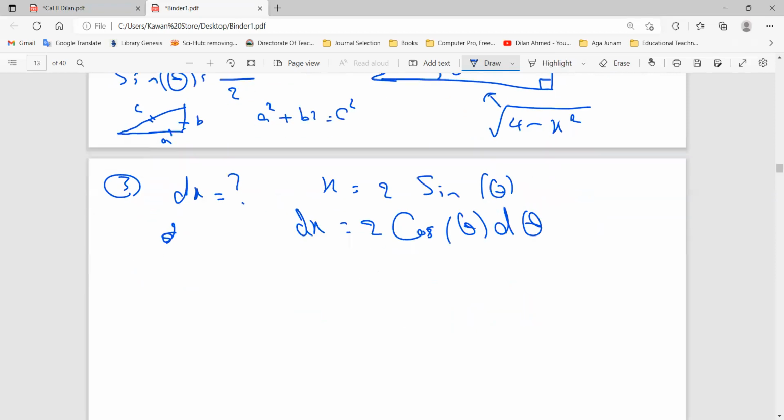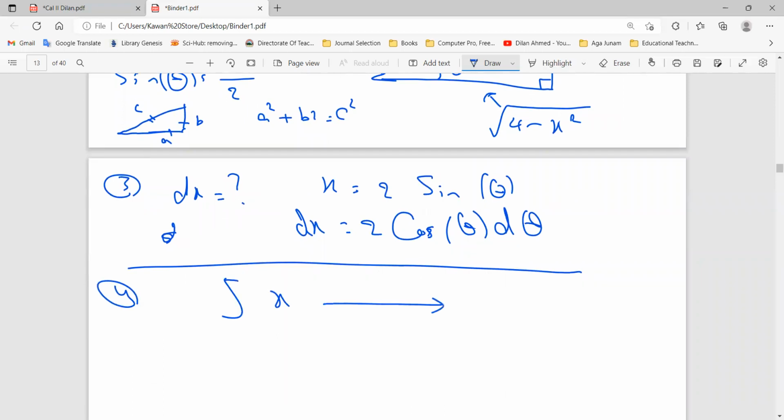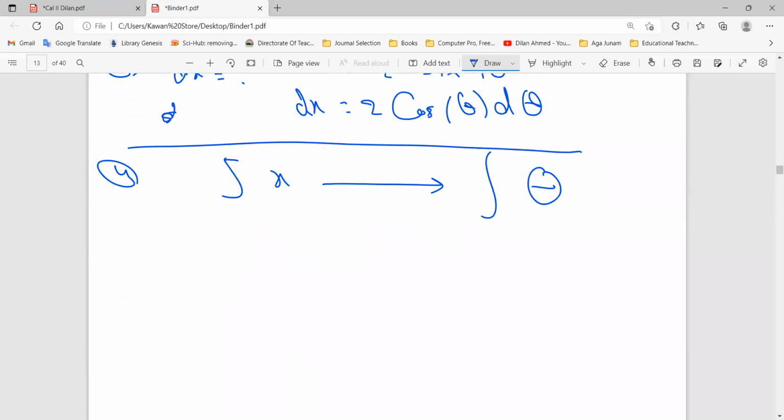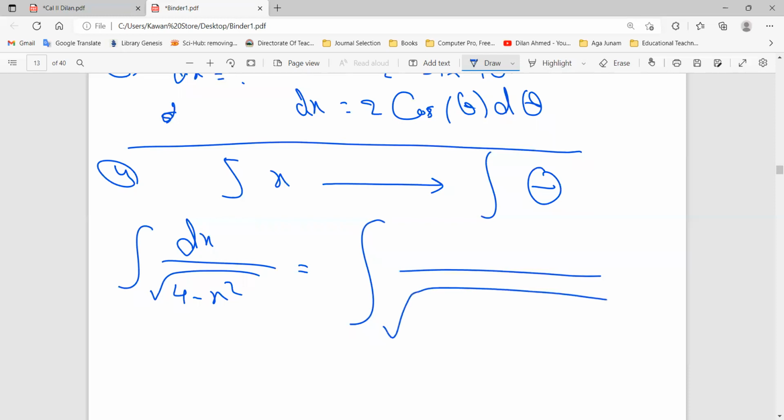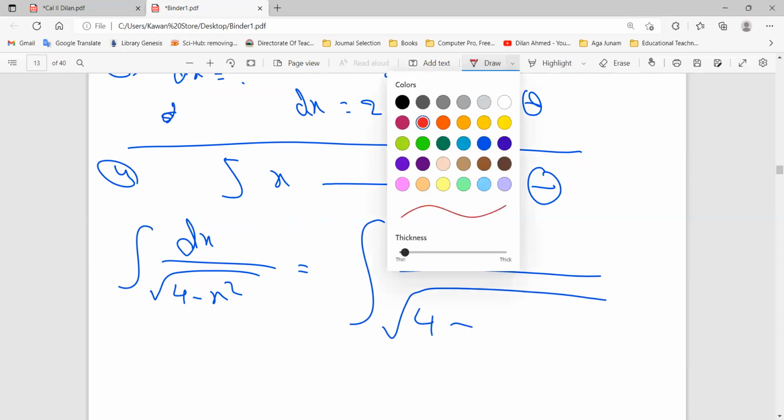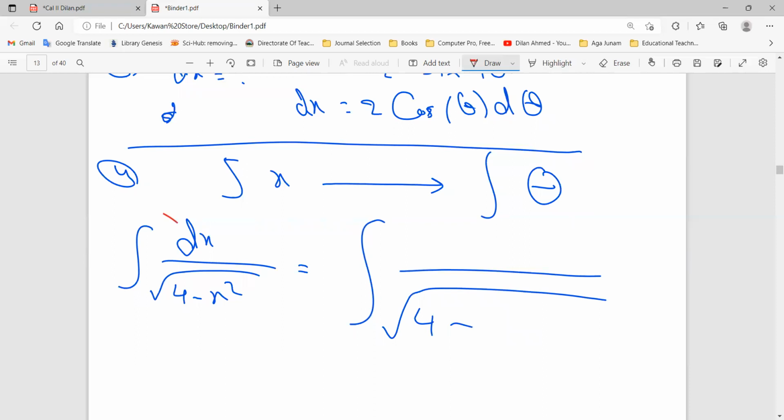So the fourth step: change the integral from x to theta. How? I say we have dx. I remember I changed the example to that, right? So I say it is equal to the square root of 4 minus x squared. Now, dx, it was what, in the third step?